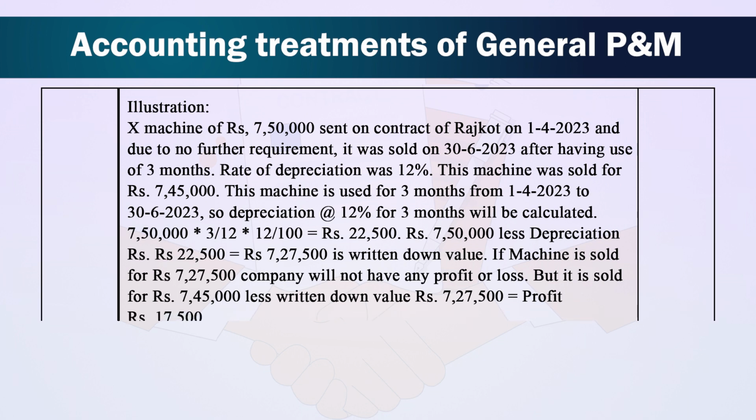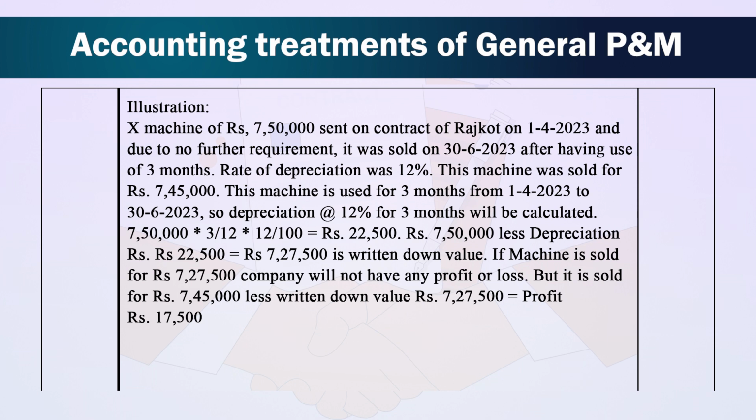Let's calculate depreciation. Depreciation is equal to rupees 7,50,000 into 3 divided by 12 into 12%, that is 12 divided by 100, which will give us rupees 22,500. Rupees 7,50,000, our cost price, less depreciation rupees 22,500, will give us rupees 7,27,500, which is the written down value.